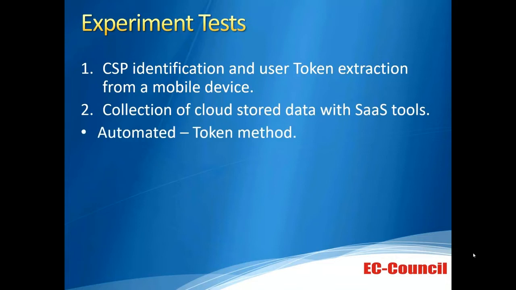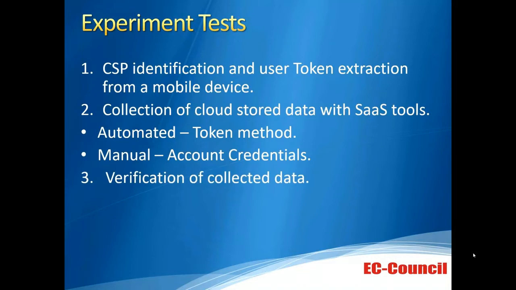The automated method relates to a token that was extracted, whereas the manual method was conducted by manually entering the account credentials that are known, and then conducting the data verification by means of analysis.